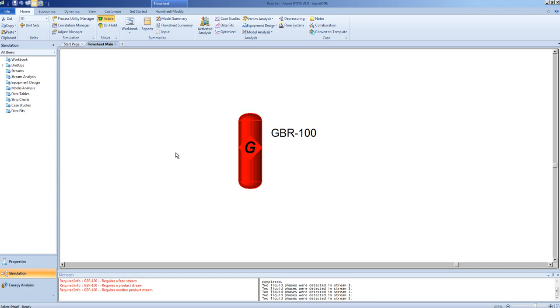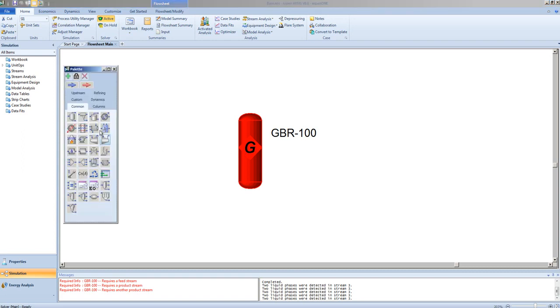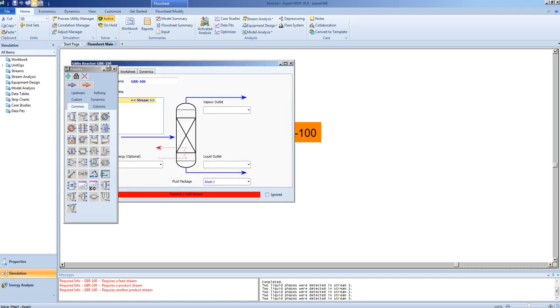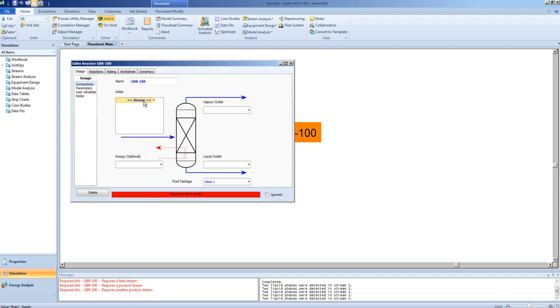To configure the reactor, we need to add a material stream. We can do this one of two ways. We can add it from the palette, which is brought up by F4 or function 4, and we can add it here, or we can add it by simply naming the streams as stream objects.